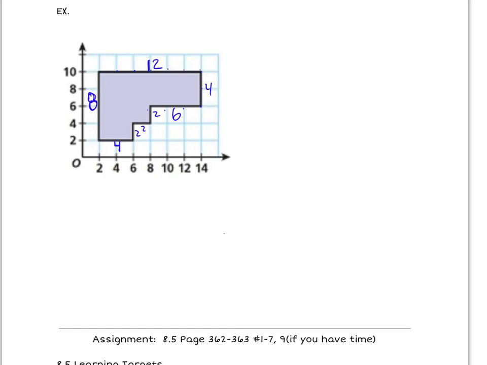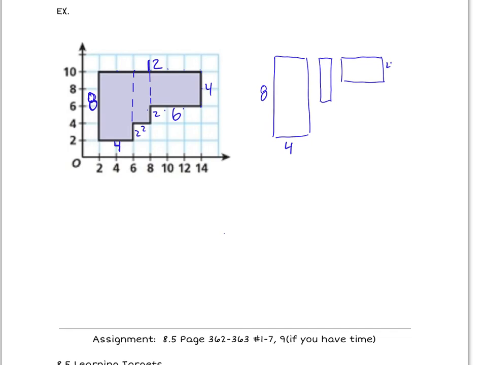Does not matter to me how you cut this one. I would probably cut it into 3 rectangles, something like that. So we've got a tall one, and then kind of a medium, skinny one, and then one that's kind of laying down flat. So we know this one is 8 tall, 4 wide.